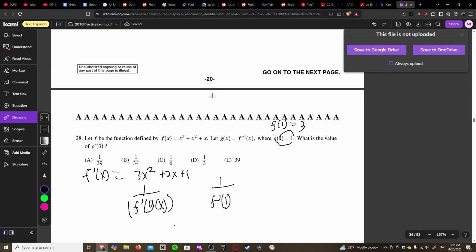So therefore f prime of 1 is equal to 3 plus 2 plus 1, which is equal to 5 plus 1, which is equal to 6.